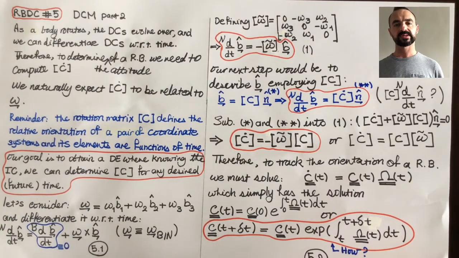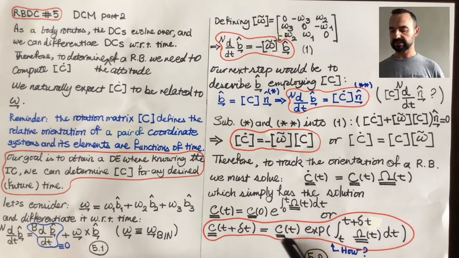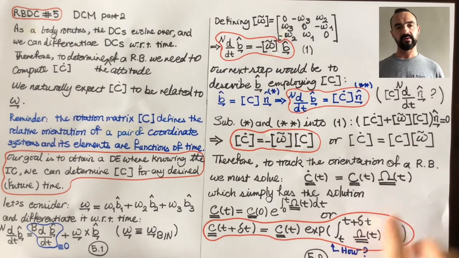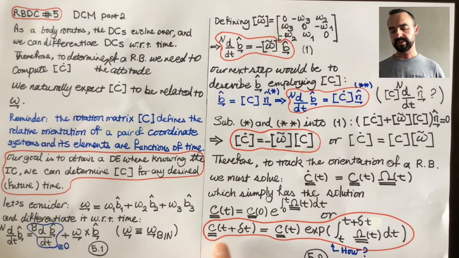And if your goal is to solve this differential equation between t and t plus delta t, you simply get C at t plus delta t equal to C(t), which becomes your initial condition, times exp, short for exponential, of the integral from t to t plus delta t of omega(t) dt. All right? So we have simply solved this first order differential equation for C. So at least mathematically, analytically, now we know how we can compute C at time t plus delta t if we know C at time t.